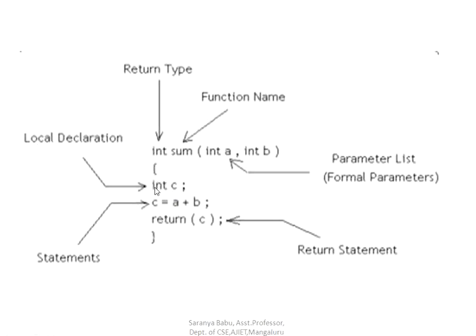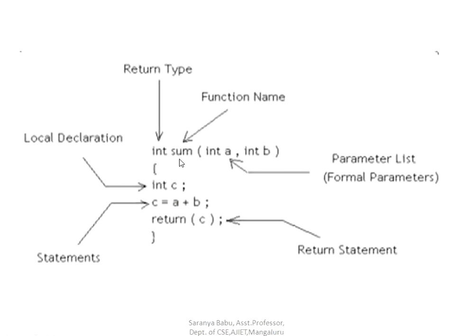So inside this function, again I have to declare one more variable. Why? To store the sum, to store the result. So c equal to a plus b, the values of a and b, and then return this value c. Is it clear? This is what you mean by function definition. This is one simple example.